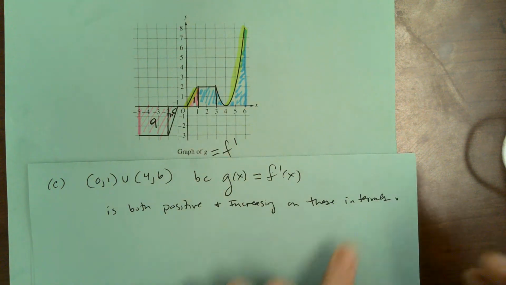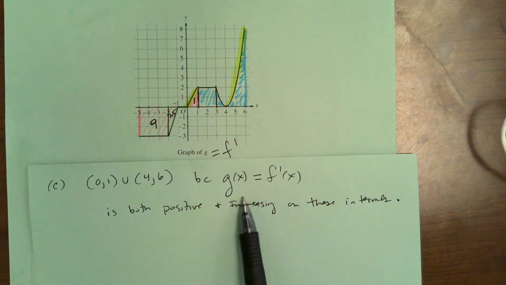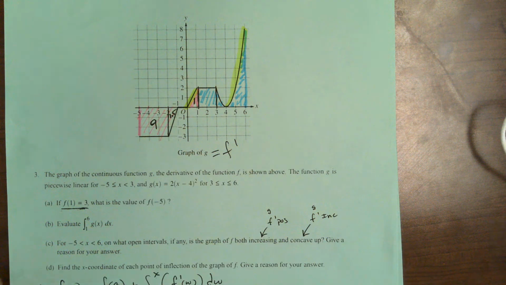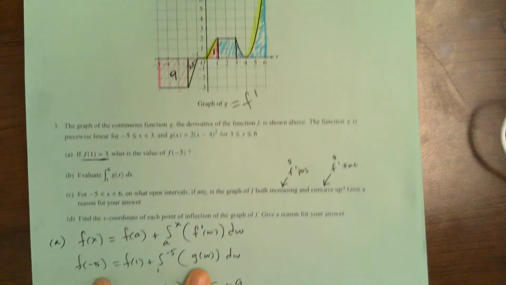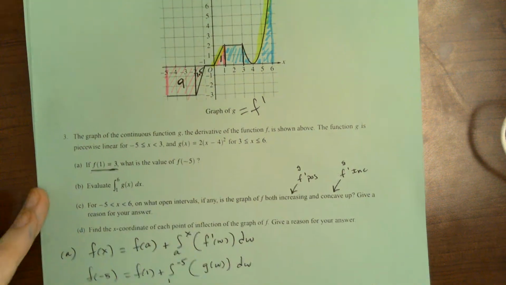Okay, this is where you connect for your reader that g is f prime. Okay, when you're doing an explanation like that, you got to be very explicit. Like we've done some work, like here, for example, that is implying that we know g is f prime, but if it's an explanation, you've got to be very, very clear. Don't leave anything up to doubt.